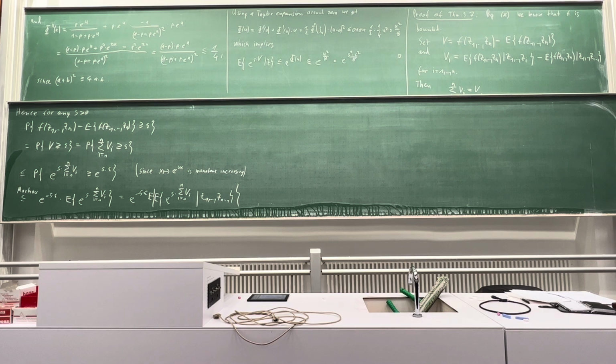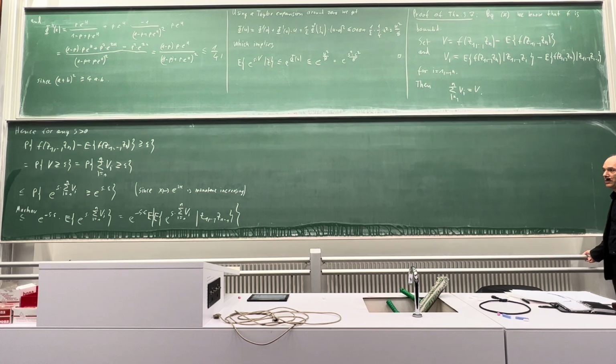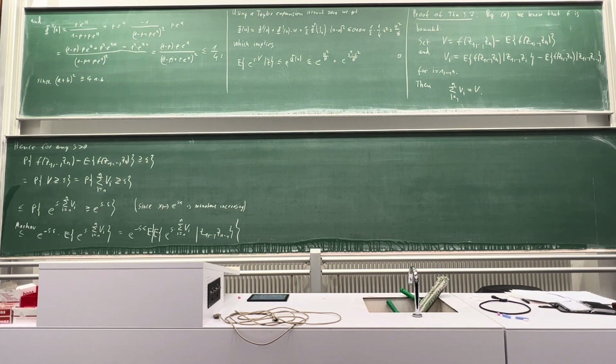Now the V1 to Vn minus 1 are measurable with respect to Z1 to Zn minus 1. The random variables are bounded, because f is bounded, so we don't have any problem with integrability of the functions or products of the functions.